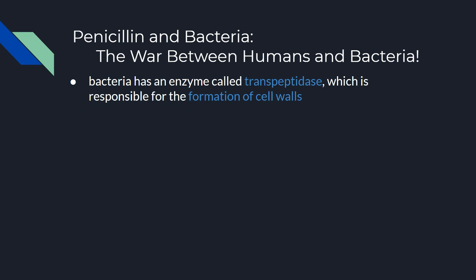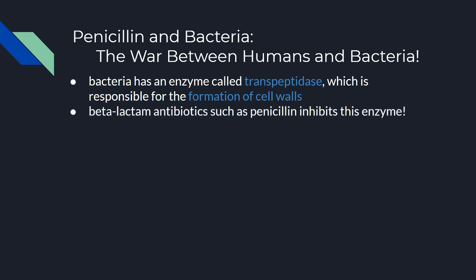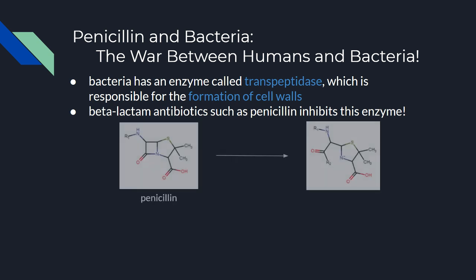So think about whose side is which. Bacteria, transpeptidase are allies. The beta-lactam antibiotics, such as penicillin, stops this enzyme. So this is our side. This is the humans, and we are allies with the antibiotics. We've created that medicine to fight against bacteria.